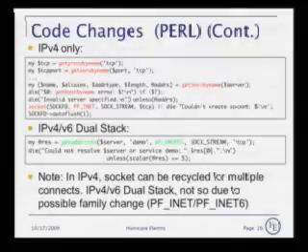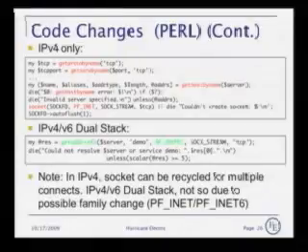Code changes. Same stuff. This is pretty straightforward. The getaddrinfo thing, now we're actually going to just parse through it and connect to the first one that works. We don't care whether it's v4 or v6 as long as it just works.